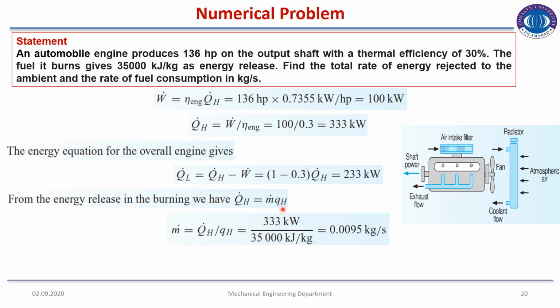So small qh is the specific heat. So the mass flow rate comes out to be M dot is equal to Q dot H divided by small qh, and the mass flow rate is 0.0095 kg per second.